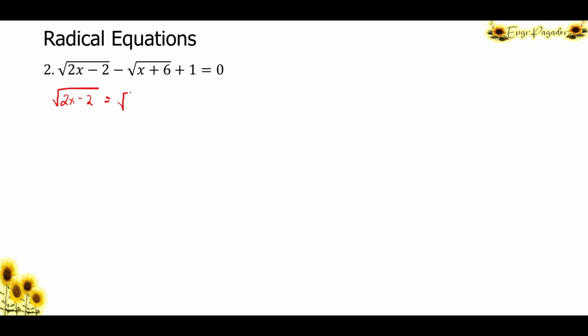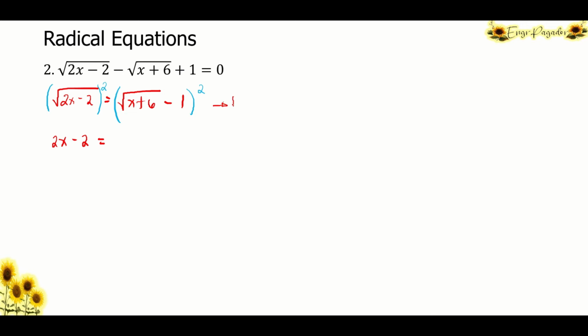So, from negative, magiging positive siya. So, x plus 6 minus 1. Again, the basic rule of algebra, kung ano yung gagawin mo on one side, yun din yung gagawin mo sa other side. So, if you're going to square this one to eliminate si radical expression, i-square din natin on this side. So, this will be equal to 2x minus 2.